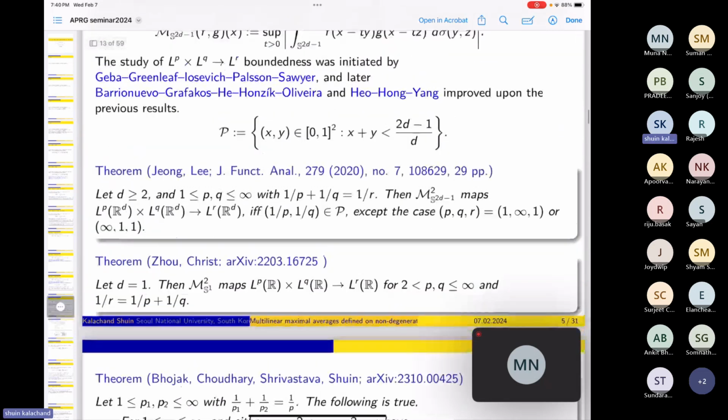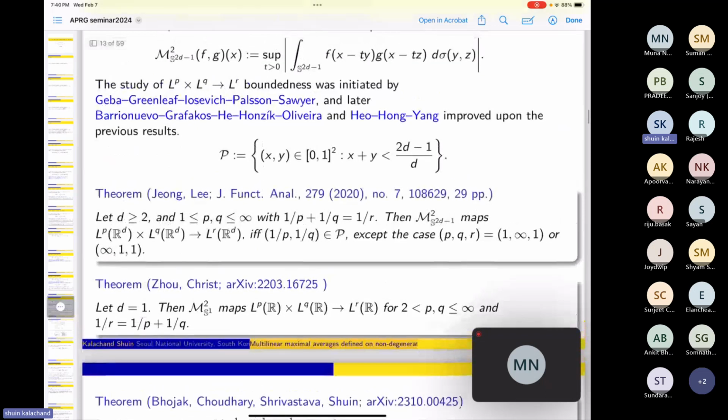Now we'll go back to the result of Cheong and Sangyuk Lee. Here you look at their region, this set P. This line x plus y equals (2d-1)/d is not there in their boundedness result.